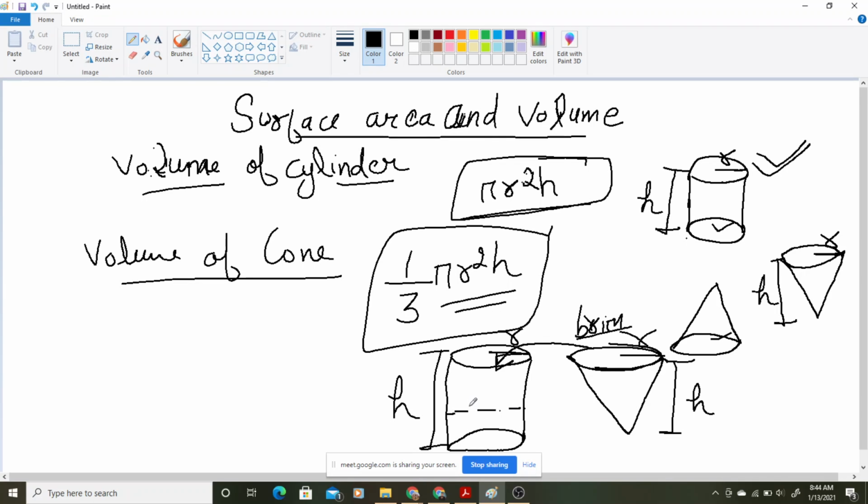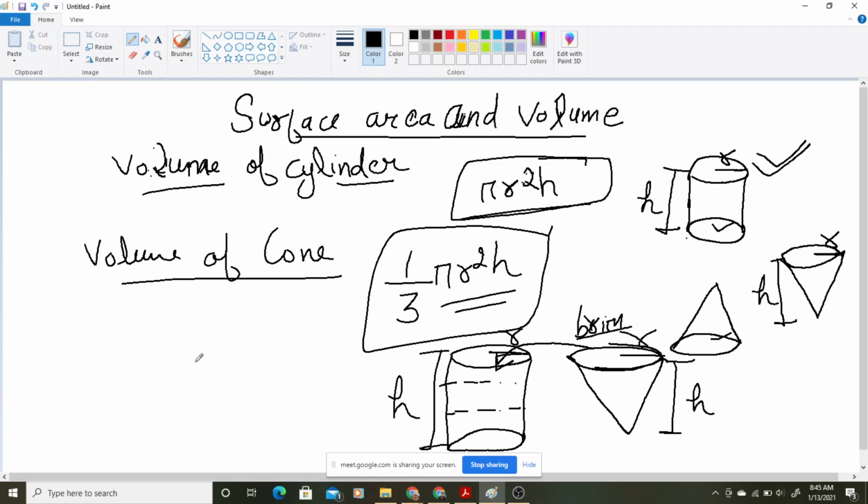Then the second time it will be filled up to here. So how many times do I have to empty this cone to fill this cylinder? Three times.